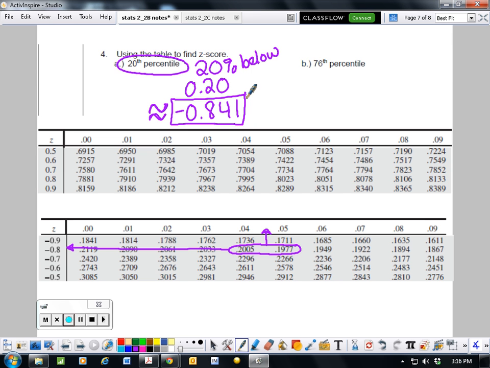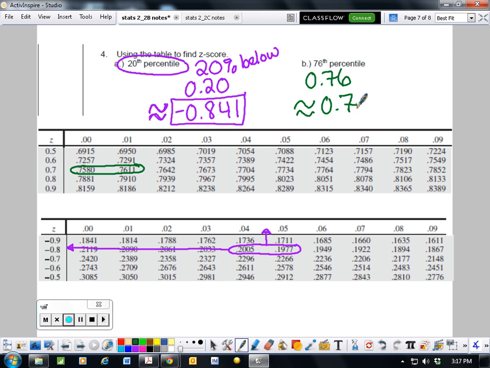So now we're going to do the same thing, and we're going to find the 76th percentile. So 76% below. So I'm looking for a 0.76 on my table. And it looks like it would occur right in between these two values. And I would estimate to decide which one looks closer. So this is definitely a 0.7.